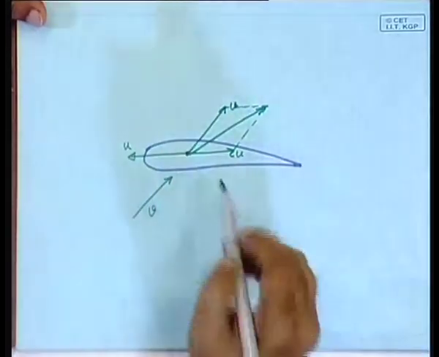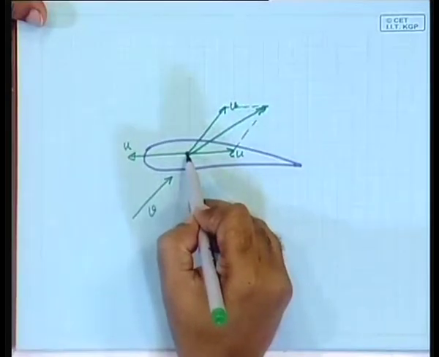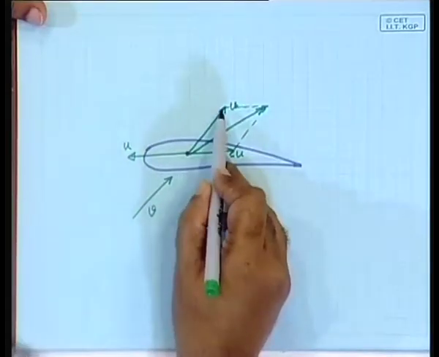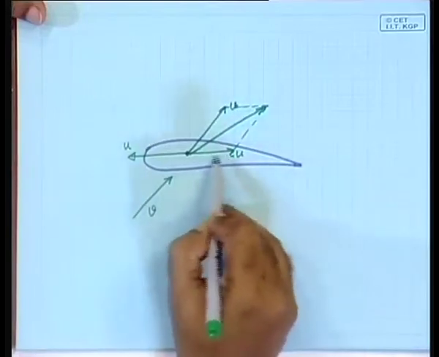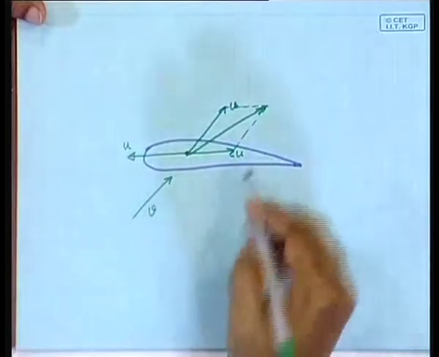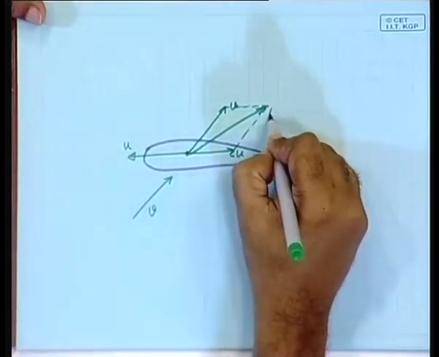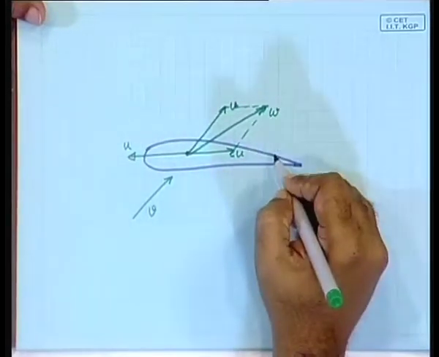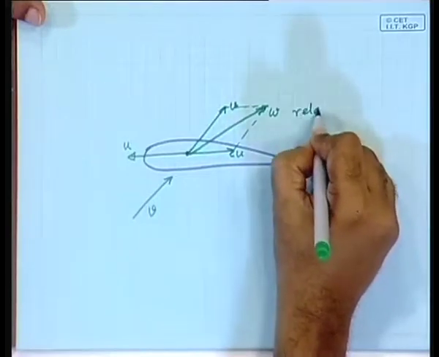So, what you did was obtain a vector summation of V, the wind speed, and minus U, the negative of the airfoil speed. This is called the relative wind, noted as W.